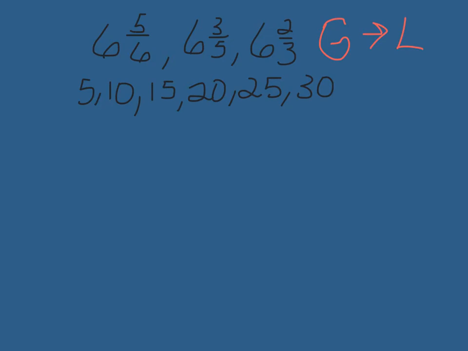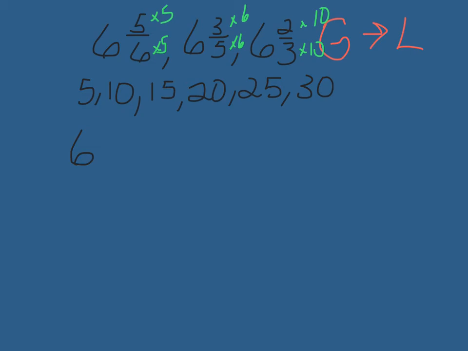So let me rewrite each of those. 6, and then I'm going to have to multiply this by 5, this one by 6, and 3, I'm going to multiply that by 10.